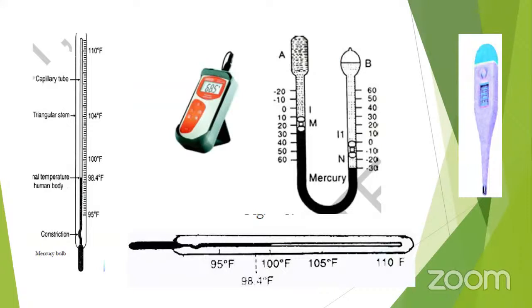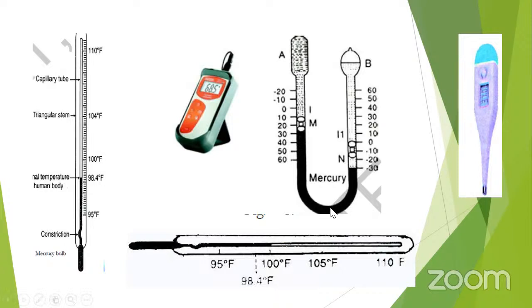It gives the measure in two different scales, a degree Celsius scale or a degree Fahrenheit scale. But in this thermometer, usually we don't use mercury or alcohol, but we use heat sensors, and that reads the temperature and gives it accurately. So it is not hazardous.